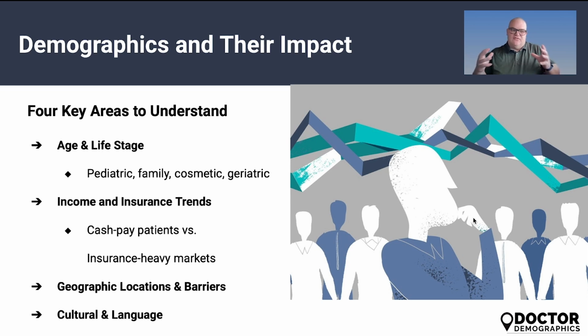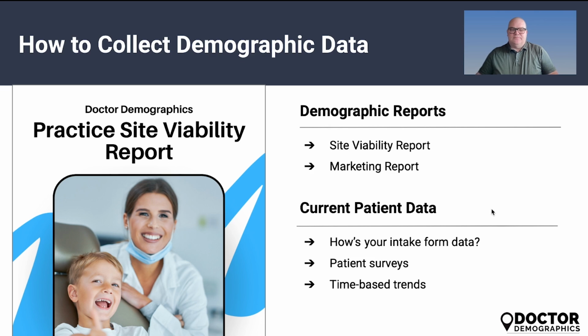So those are all things you've got to consider when it comes to demographics, because if you can really nail age and life stage, income, insurance trends, geographic location and barriers, and the culture and the language, boy, you can really be in a great position to set up a really strong marketing plan and campaign that's going to speak well to that particular community.